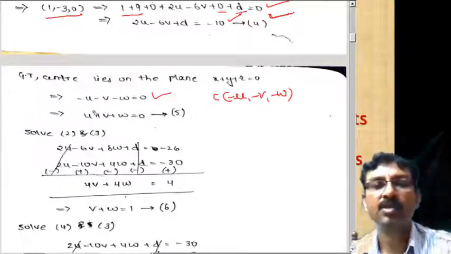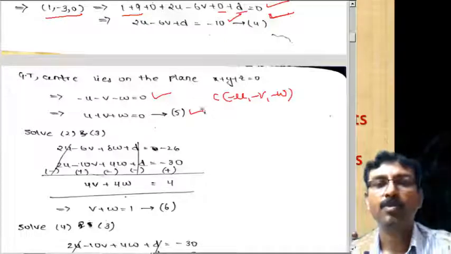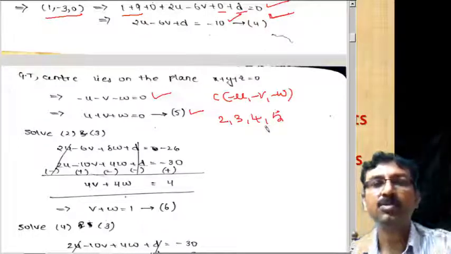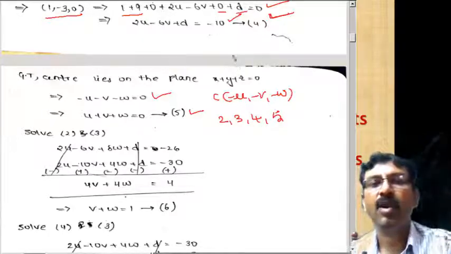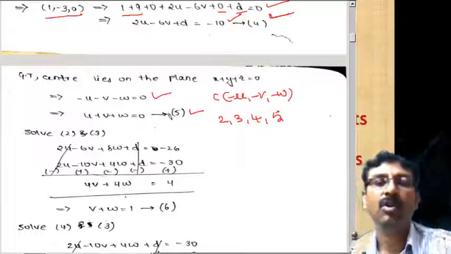So taking minus as common, u plus v plus w equal to 0. This is equation 5. So we have equation 2, equation 3, equation 4, equation 5. And observe, in the equation 5 we don't have d.